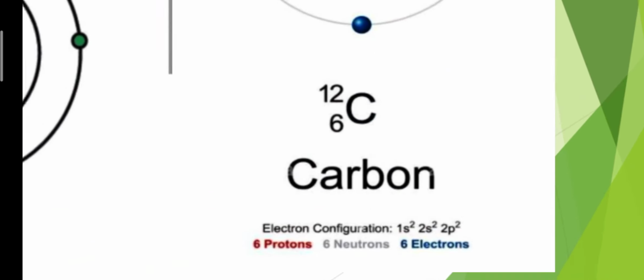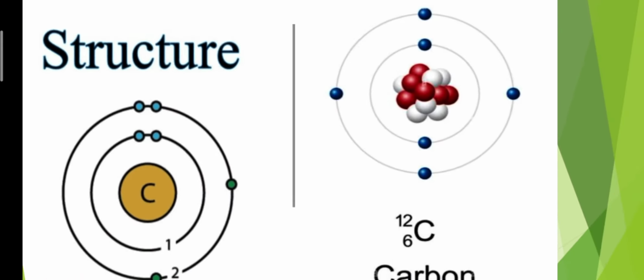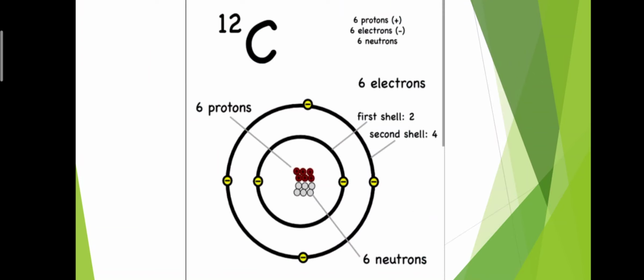The electronic configuration is 1s2, 2s2 and 2p2. The first shell contains 2 electrons, 1s2, and the second shell contains 4 electrons, that is 2s2 and 2p2. It is the atomic structure of the carbon atom in ground state.